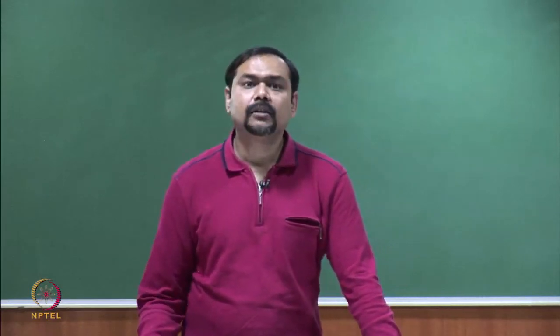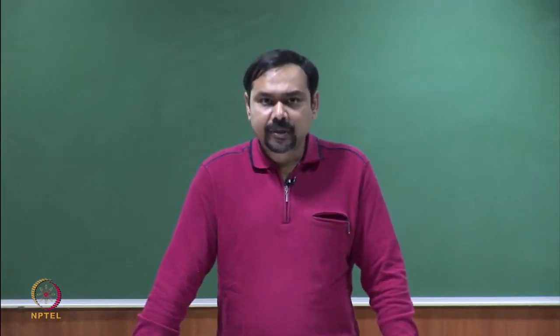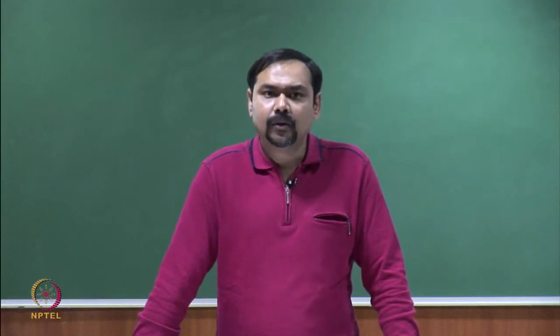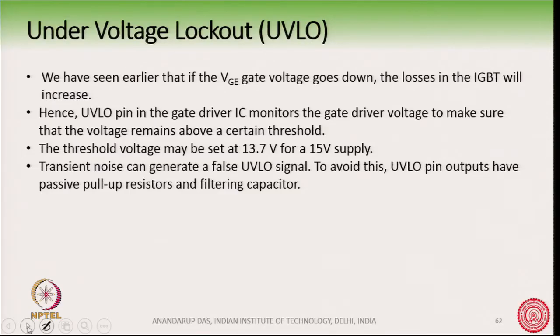There is also something which you will see sometimes being used, the UVLO, under voltage lockout. What is that? Under voltage lockout is also a protective feature in the gate driver ICs. If the VG voltage goes very low, then we know there are associated problems: the losses will increase and also the conduction loss will increase.